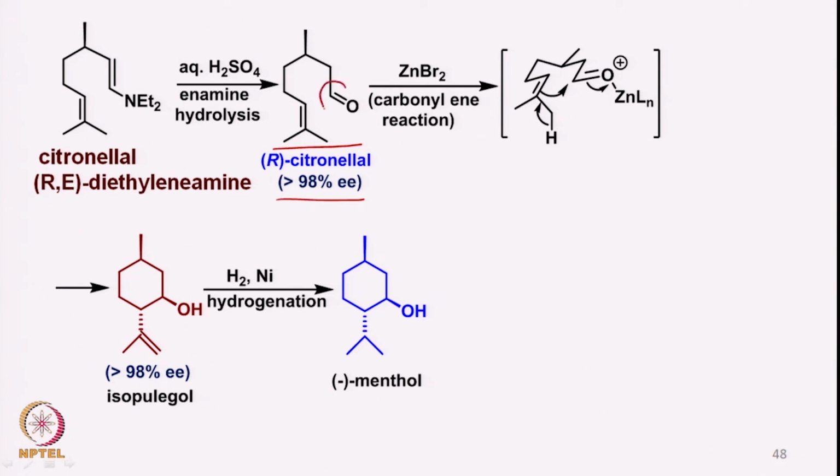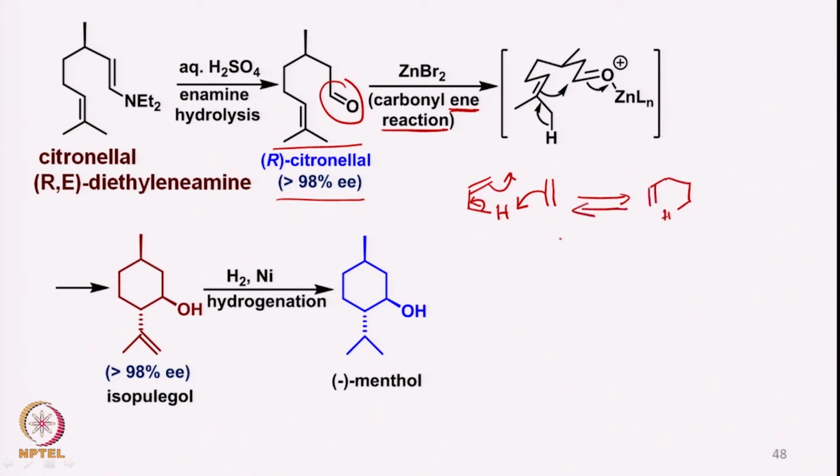This is the aldehyde, and when zinc bromide is used, this undergoes what is known as carbonyl ene reaction. The ene reaction we will discuss later on in more detail, but if you have an ene and an olefin here like this, then that undergoes upon heating or under some metal catalyzed reactions to form basically a molecule like this.